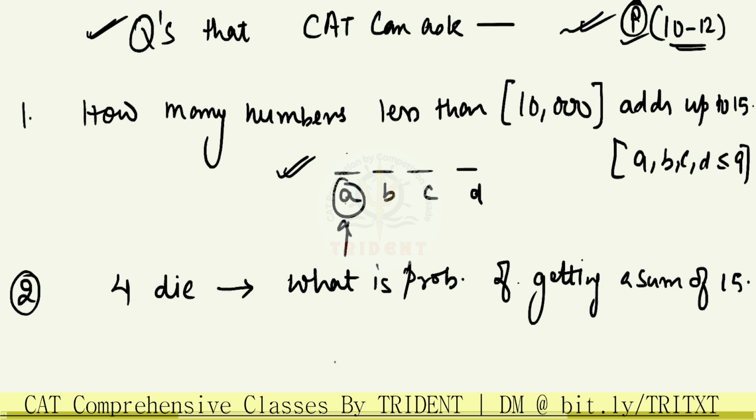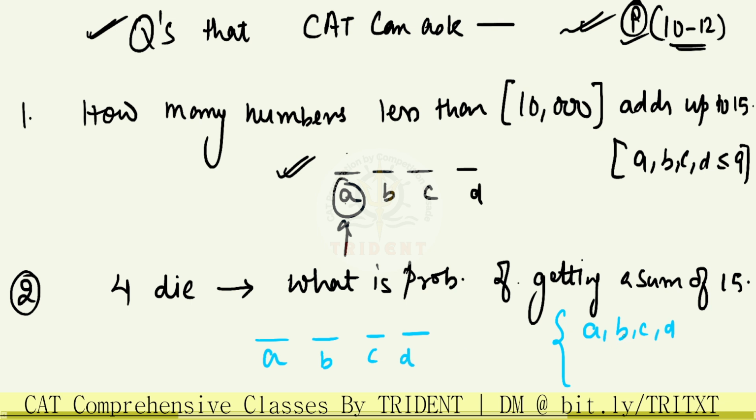Again, I'll explain this question type a little bit. This is again 4 spaces, and in those 4 spaces any number can fall. So I am actually giving you an upper limit as well as a lower limit. Let's assume that these spaces can be filled by A, B, C, D numbers.